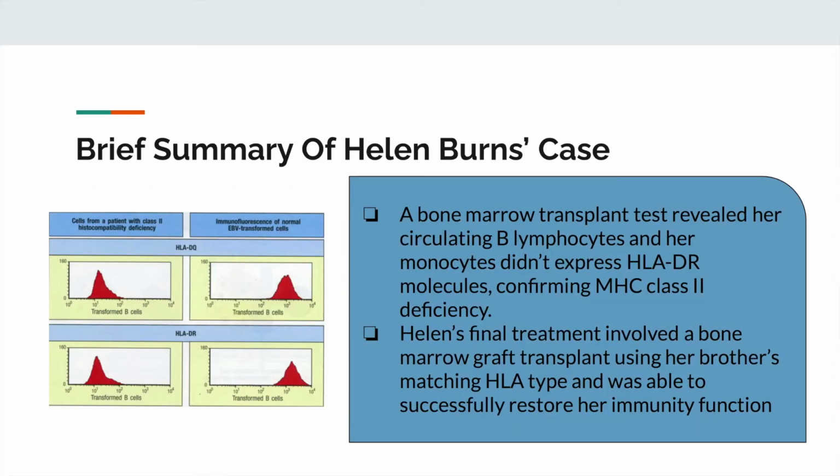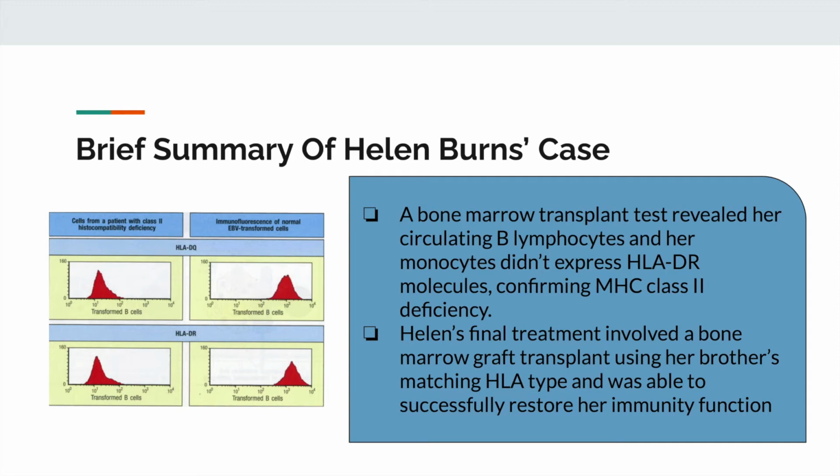It revealed that her circulating B lymphocytes and monocytes didn't express HLA-DR molecules, confirming that MHC class 2 deficiency was the issue. Her final treatment involved a bone marrow graft transplant using her brother's matching HLA type, and that was able to successfully work and restore her immunity function.